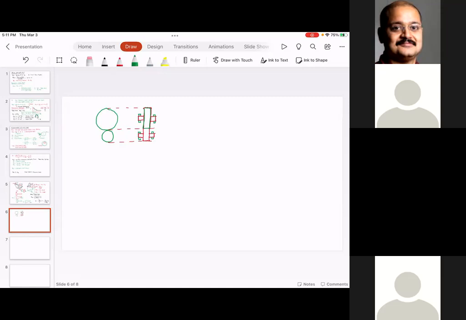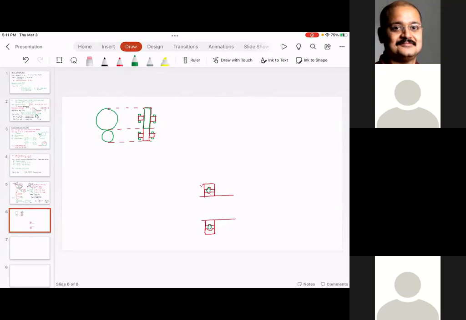So I'm going to draw a slightly bigger picture here. This is the shaft of the gear, and you have this bearing over here. Say this bearing is a rolling contact bearing, so something like this. And here there's a ball, here there's a ball.